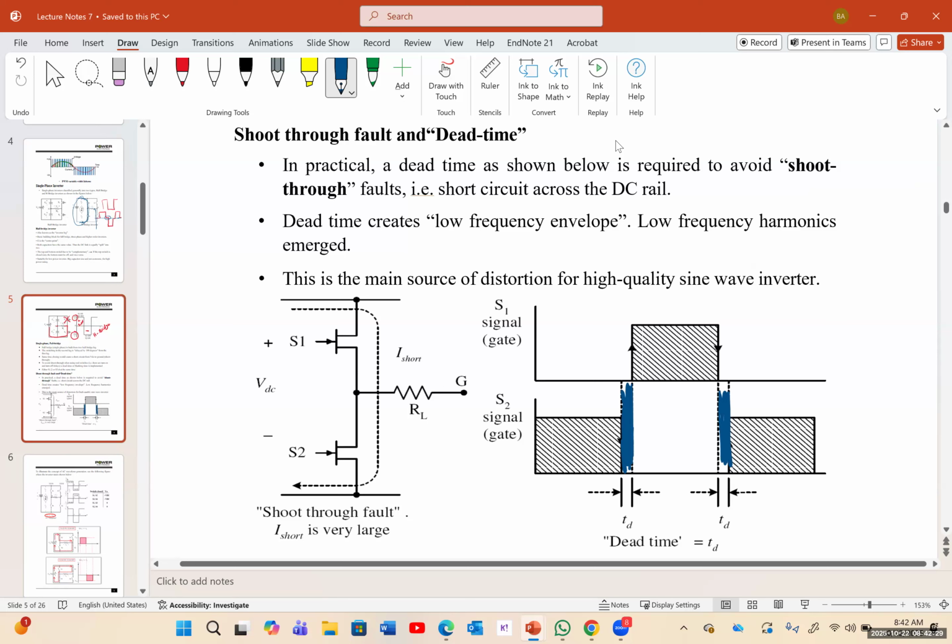And the reason is to avoid the shoot through again. If there isn't a dead time, there will be a microsecond that both of them are connected, and you're going to have a shoot through or a short circuit at this point, and it's going to damage the system.